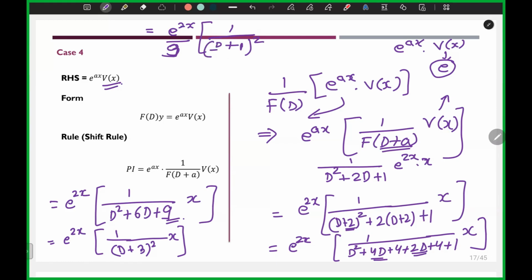So what you can write is e to the power 2x by 9 times (1 plus d by 3) whole power minus 2, acting on x. Is it fine?